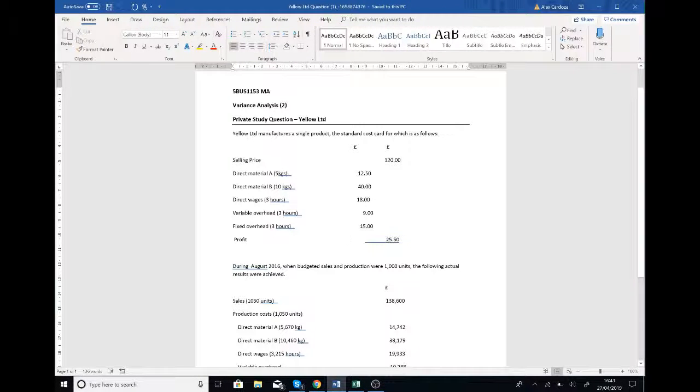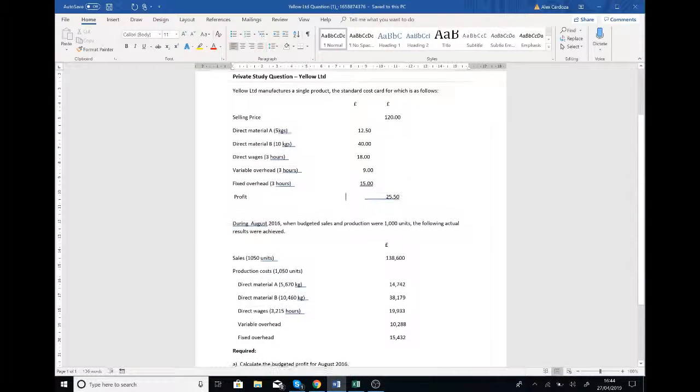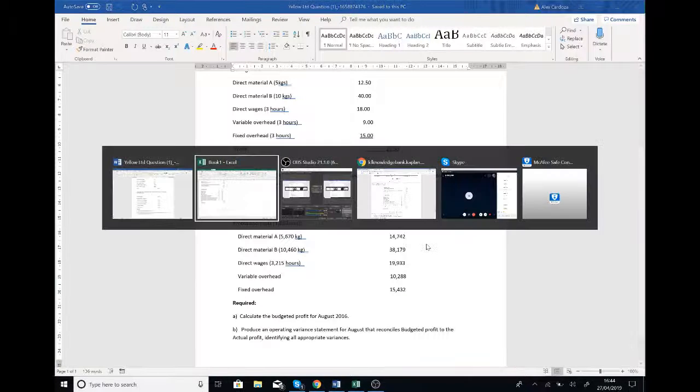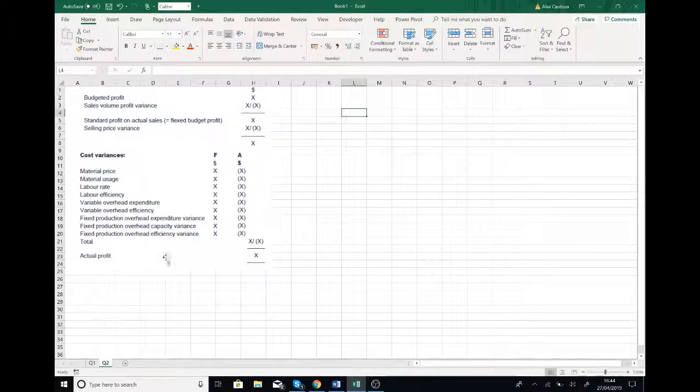It's doing it by hours, so it's being absorbed by hours. Otherwise, you would just be given a fixed overhead amount. So you assume that it's done by absorption costing, and you produce an operating variance statement. An operating variance statement looks like this.